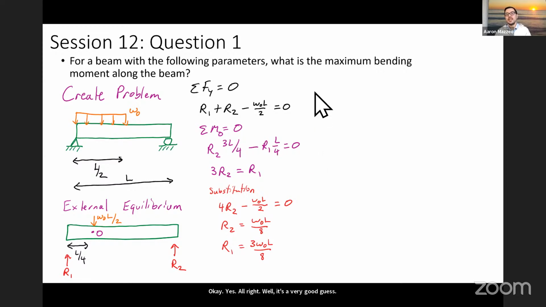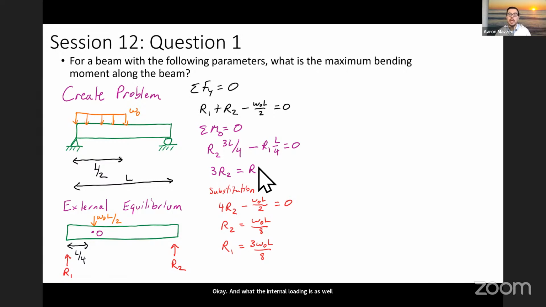The reason this problem is determinate is because solely through the use of equilibrium, we don't have to use constitutive relationships to be able to state what the external loads on the system are, and what the internal loading is as well.